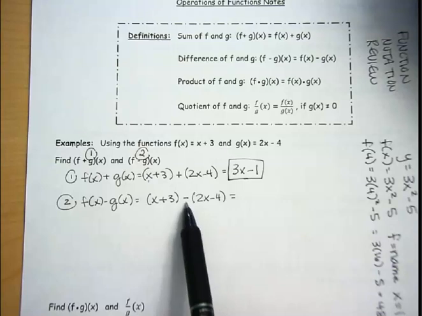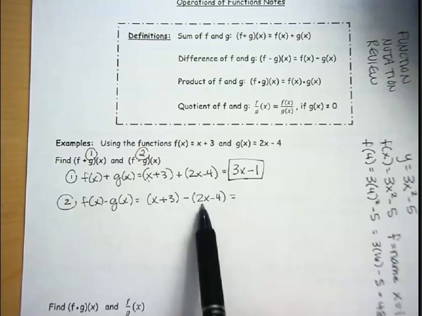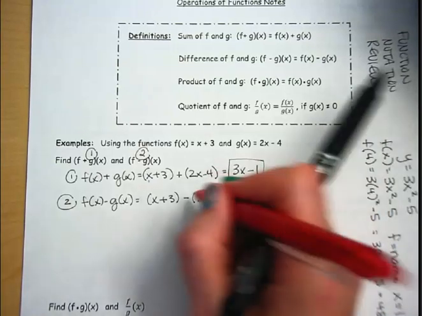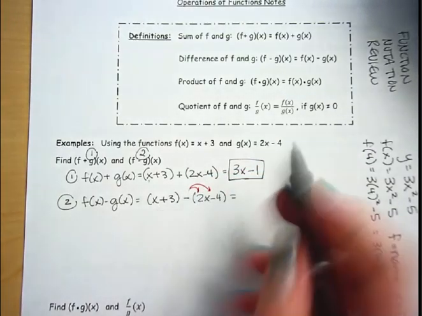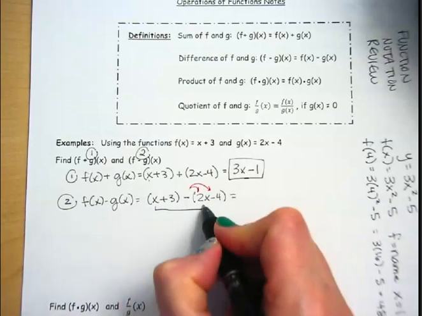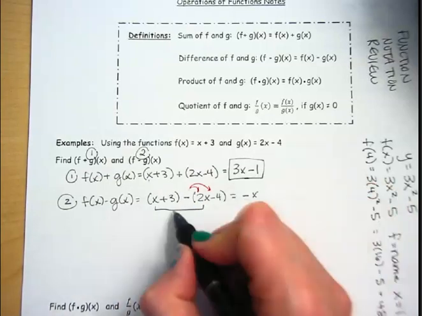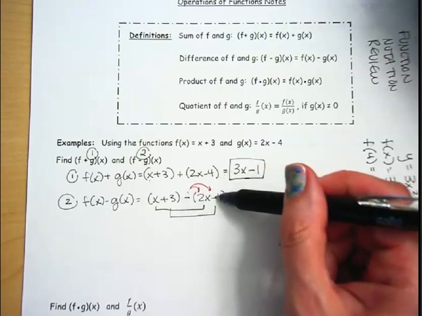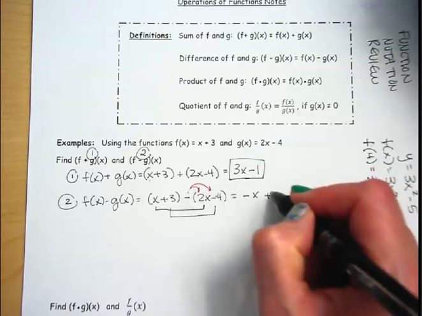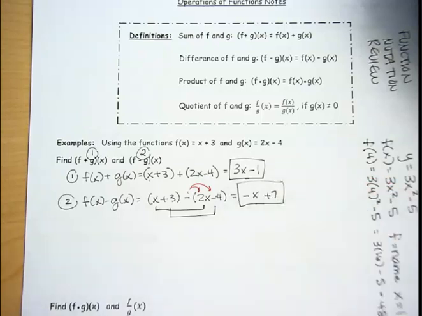We need to remember that we are subtracting both terms in this binomial. So that's going to distribute, that's going to distribute. So it'll be x and negative 2x makes negative x. And then 3 and now positive 4, because negative 4 makes positive 4. So plus 7.